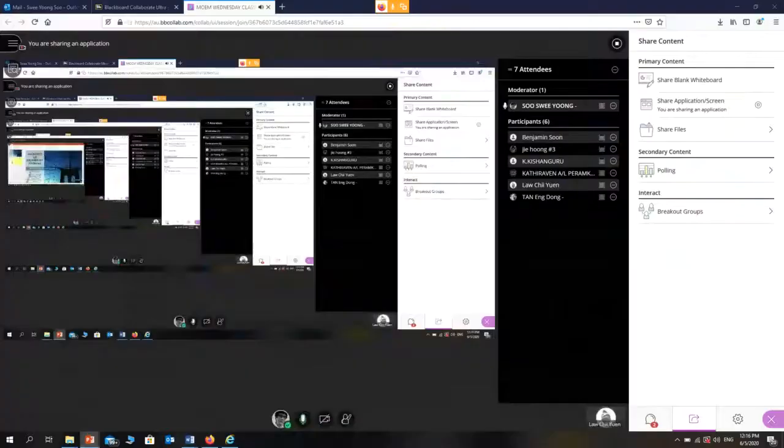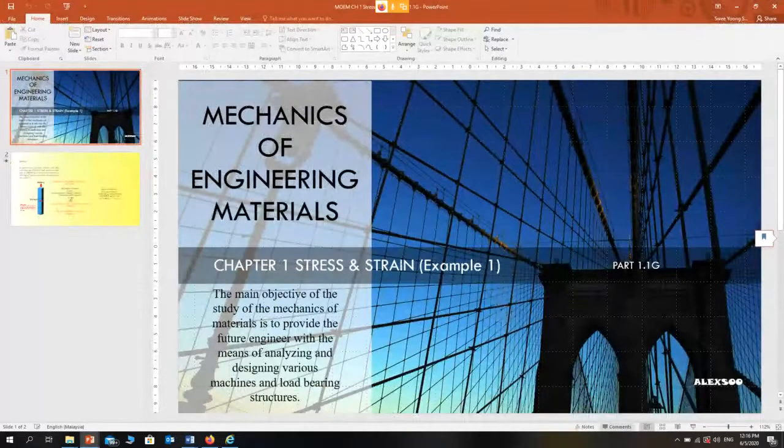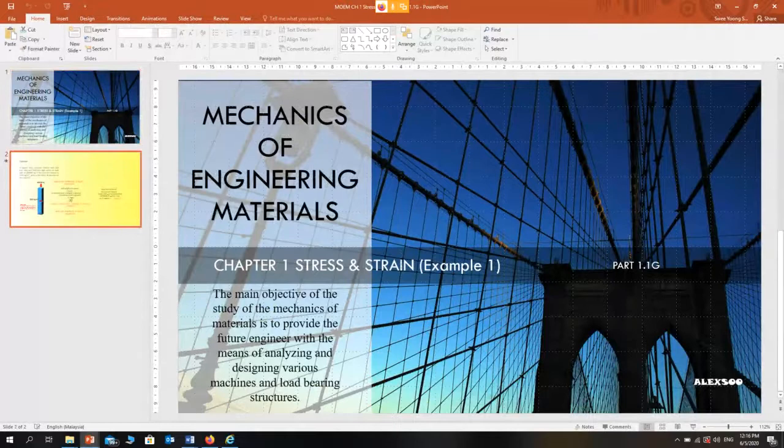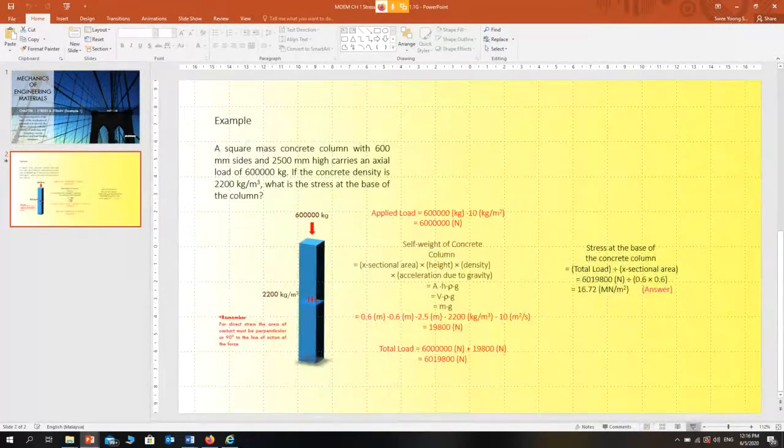Let us go for this example first. Now, a square mesh concrete column with 600 mm side and 2500 mm high carries an axial load of 600,000 kg.